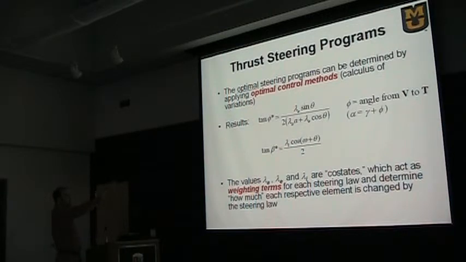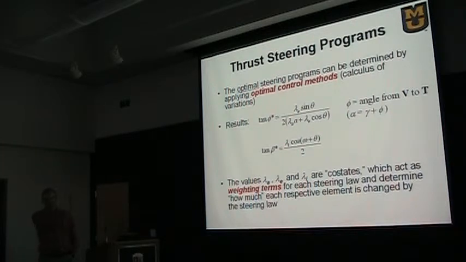Optimal control laws, essentially, for that angle phi and an angle beta, which I didn't show, an out-of-plane angle. These equations are functions of these lambdas. And these lambdas are like Lagrange multipliers in optimization theory. In optimal control theory, they're called costates.